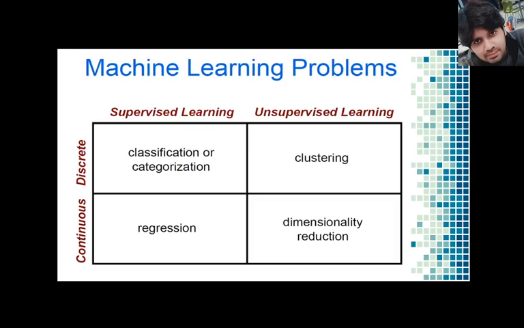Now the machine learning problems are represented in this particular table. The left side represents the data modality, like whether the data is discrete or continuous. By discrete I mean discrete labels. So if your data has discrete labels, like let's say your data has objects, the objects are discrete, they are not continuous.